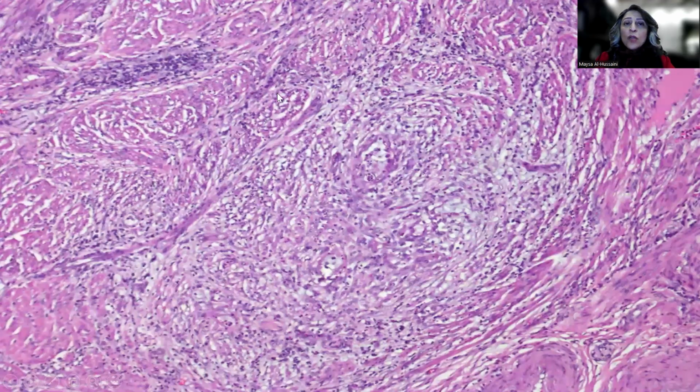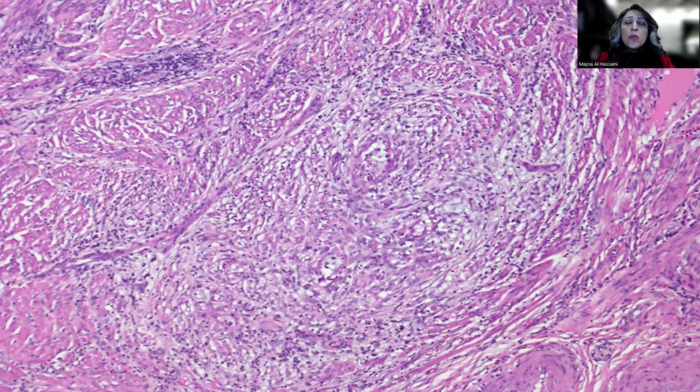And on high power magnification, again, there is some dissecting fibromyxoid stroma in between the pre-existing myometrial fibers containing these formations, which might be difficult to discern whether these are vessels or glands.